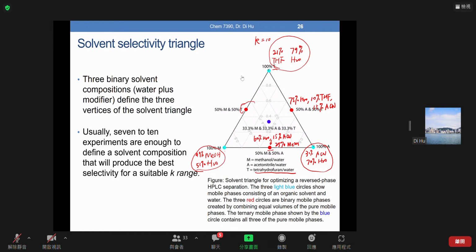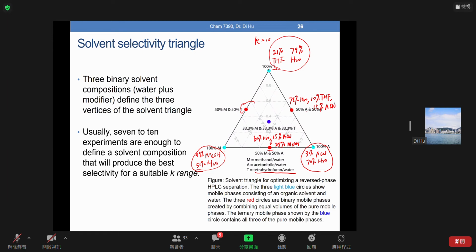If you're lucky, in most circumstances, like the three light blue ones, it's enough for you to get a good result. If you're not that lucky, maybe one of the red dots will do. For our case here, you can see this one is very close.